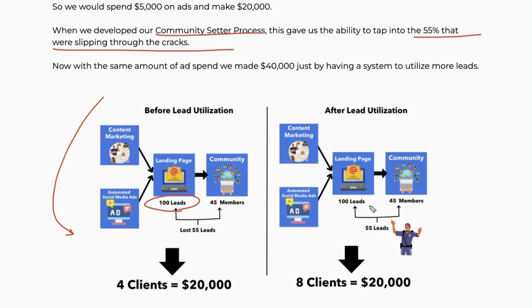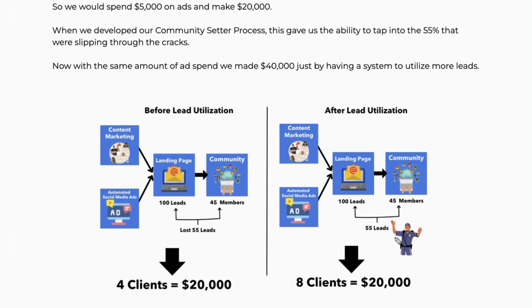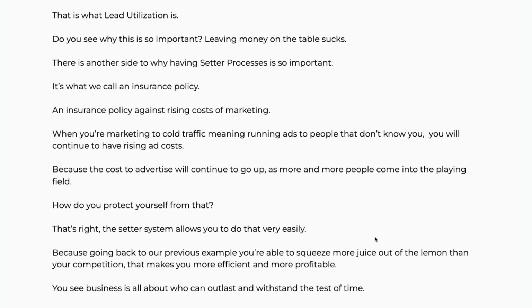With lead utilization, we were able to get 100 leads, 8 clients, and that turned out for us to be $40,000. So we doubled our business simply because instead of having these 55 leads lost, we were able to have a set of processes in place and crank out 4 extra units, right? And so literally the same amount of money that we were spending, but we were double as profitable, which is absolutely incredible. Now, that is why lead utilization is so important.